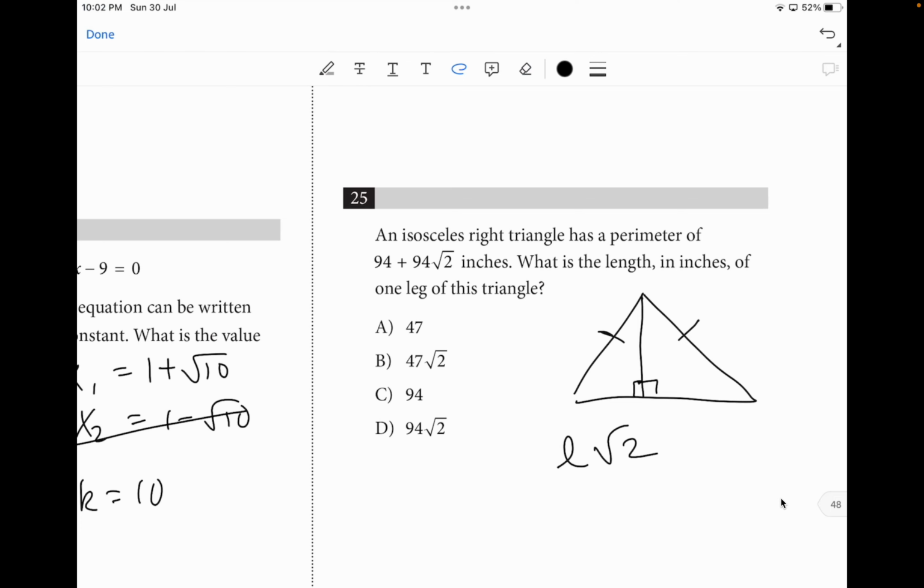Now the perimeter of the figure is the sum of the lengths of its sides. So the perimeter of the isosceles right triangle should be L plus L square root 2.